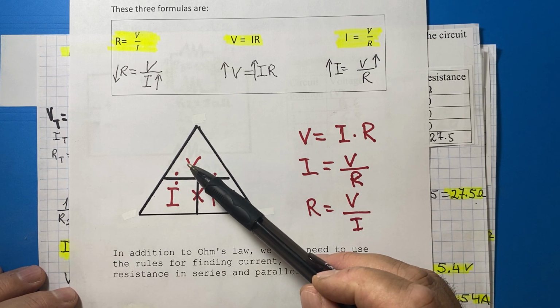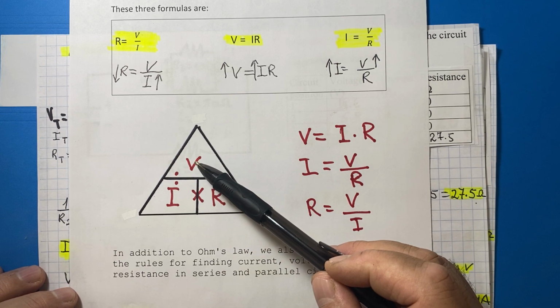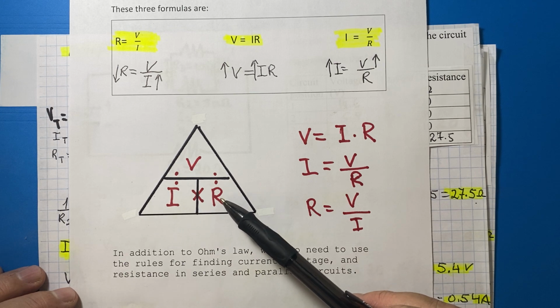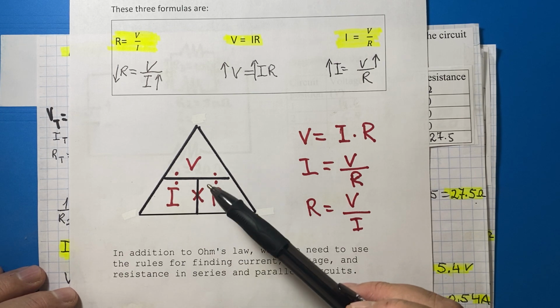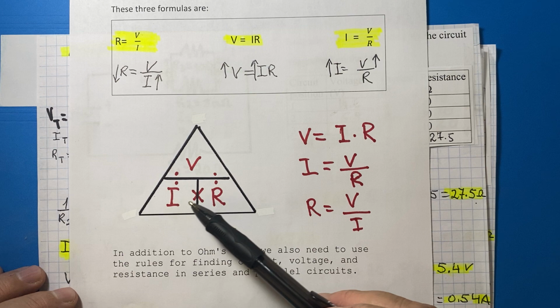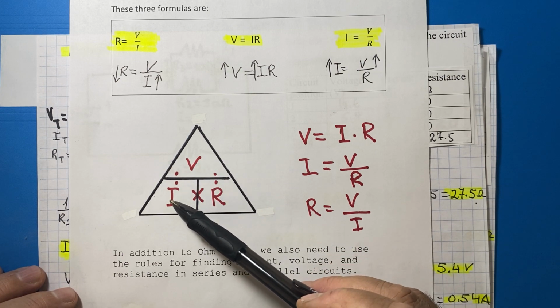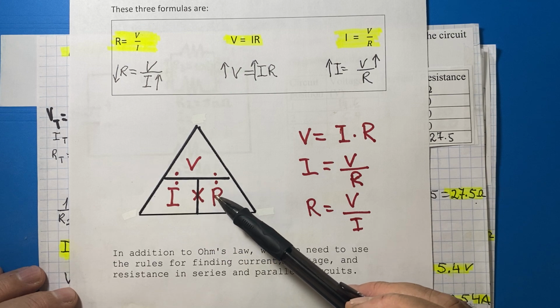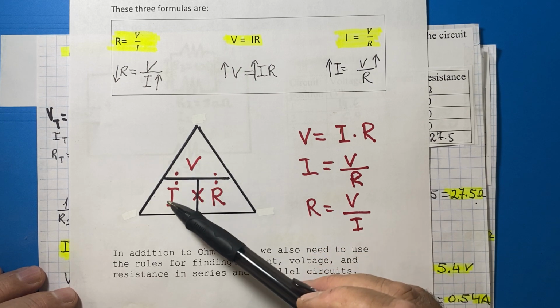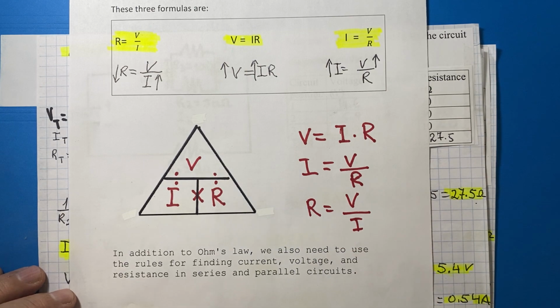If voltage is required and current and resistance are provided, then you multiply I times R. If voltage and current are provided, then resistance is V divided by I, and current is V divided by R.